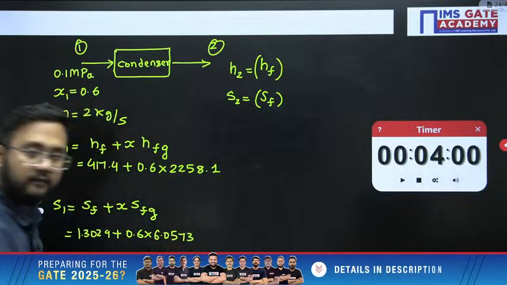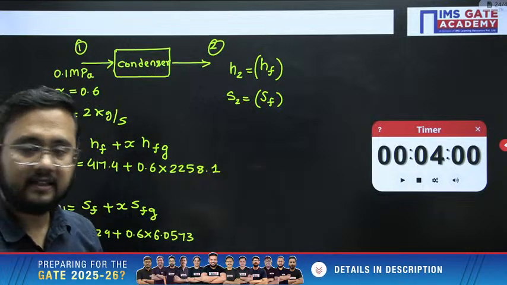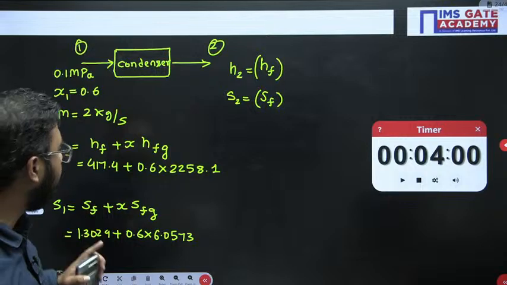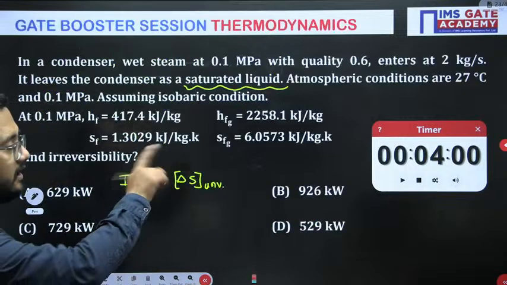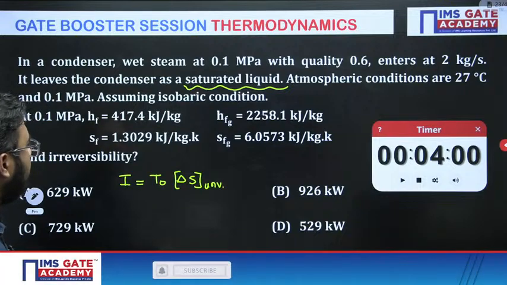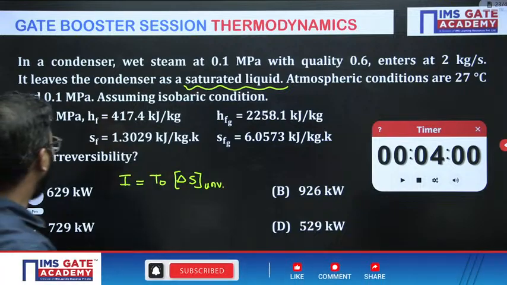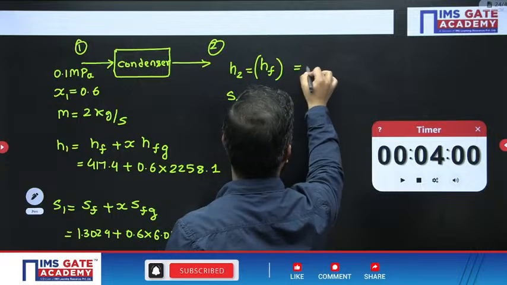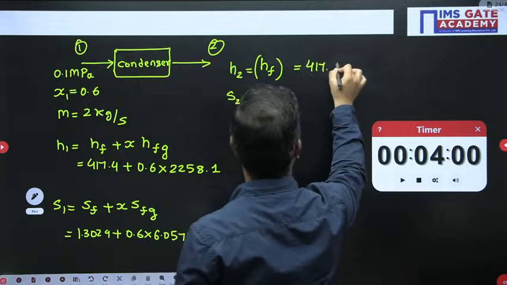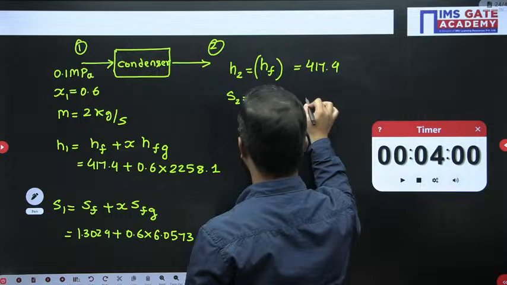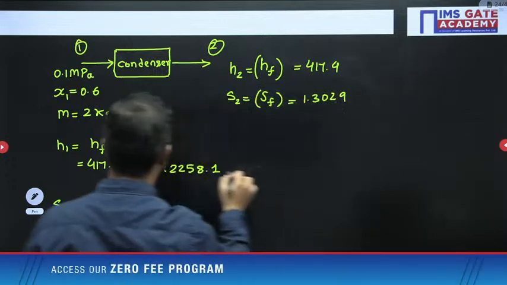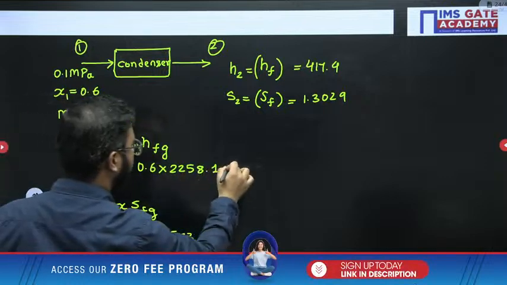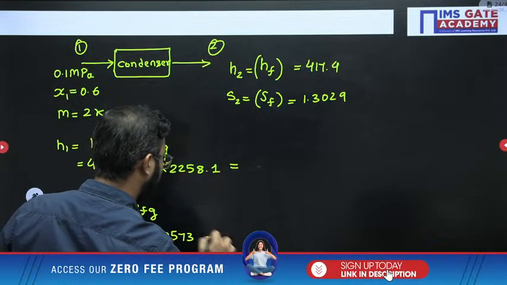Is it correct, everyone? H1, S1 we have mentioned, and what about the values for state 2? Because it is working at constant pressure, the same values we can write here. HF value will be 417.4 and SF value is 1.3029. Correct. So first of all, this H1 value and S1 value.